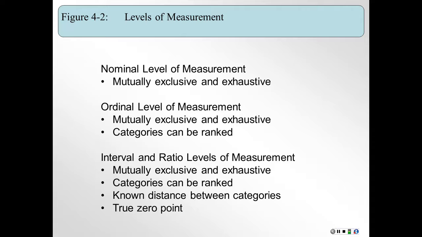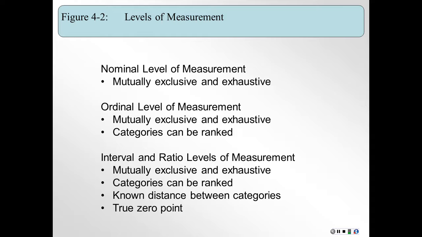So we're translating the construct into a measure, the construct into a variable. A key part of that is understanding the mathematical properties of different variables. What we want to do is try to make sure that the mathematical properties of our variables reflect the underlying mathematical properties of a concept or of a construct. This is referred to as a level of measurement.